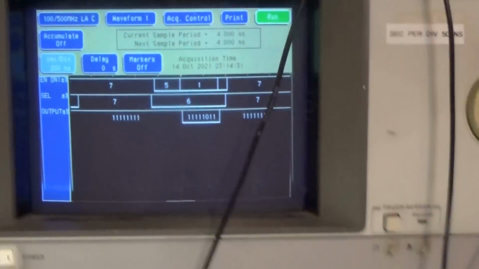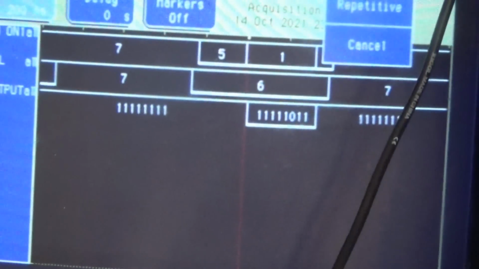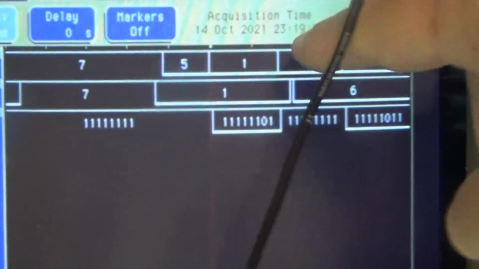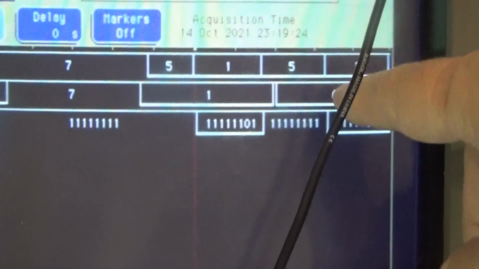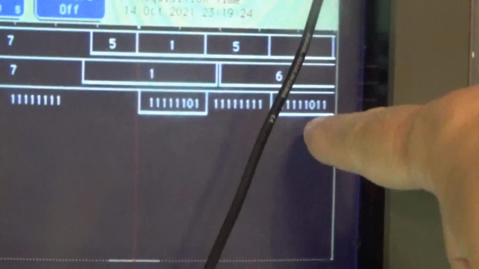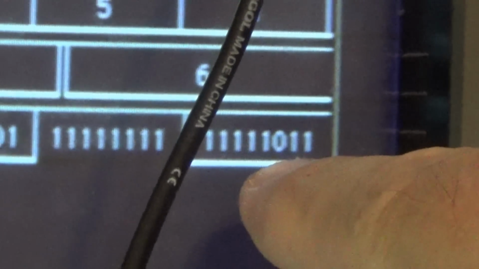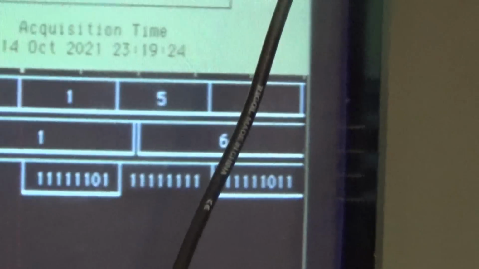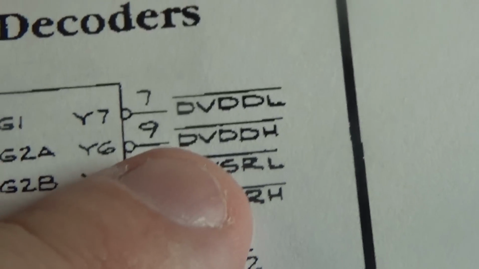Let's see. Okay. See here, the 1 bit is low. The 6 bit is low, and right there, you can see it set that bit low again. And it's trying to do this 6. This guy right here, 6, is this signal.